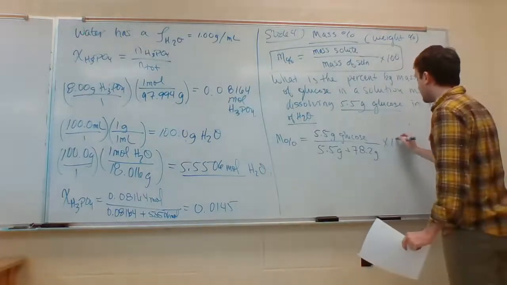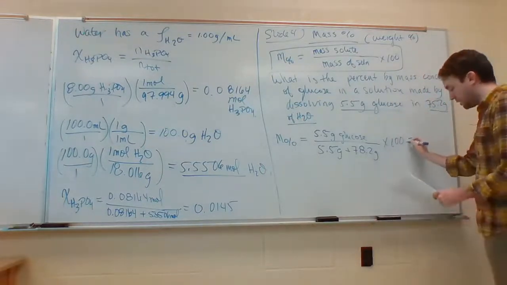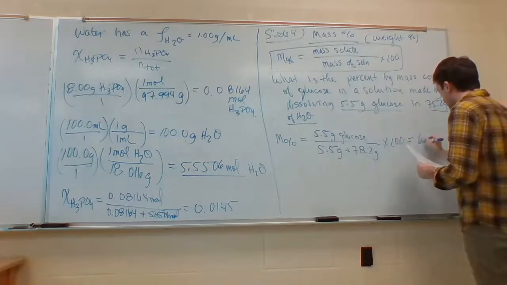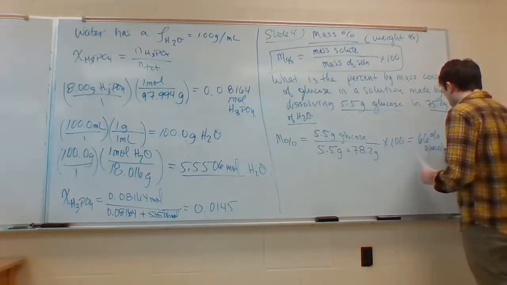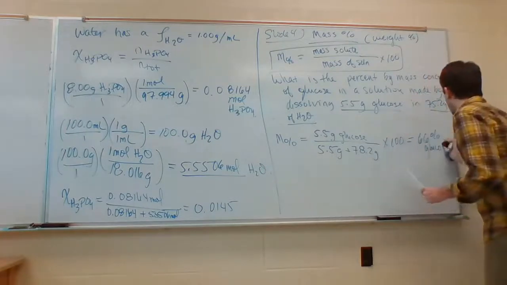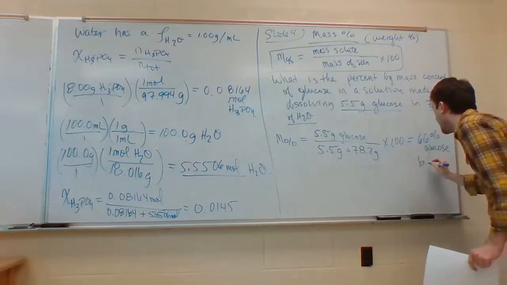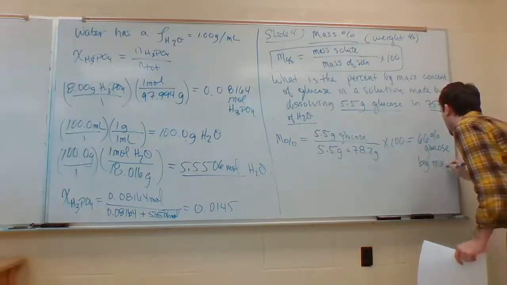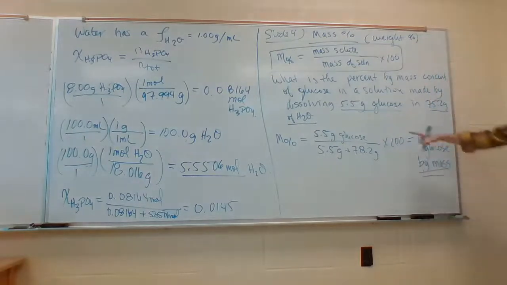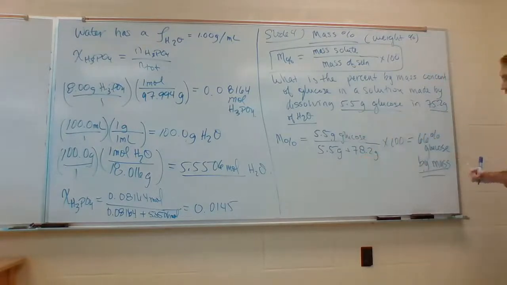Then we multiply by 100 to put it into percent, which gives us 6.6% glucose, by mass. Since we used the masses here, it's the percent by mass.